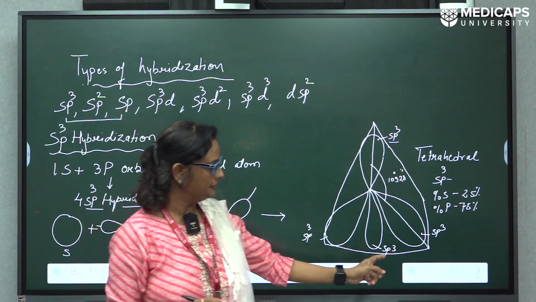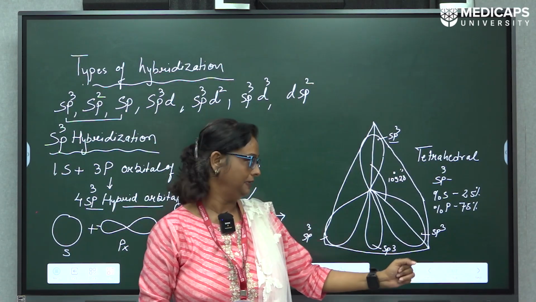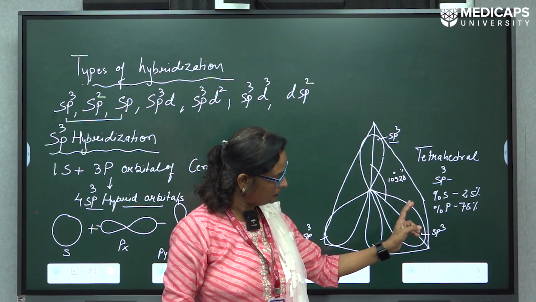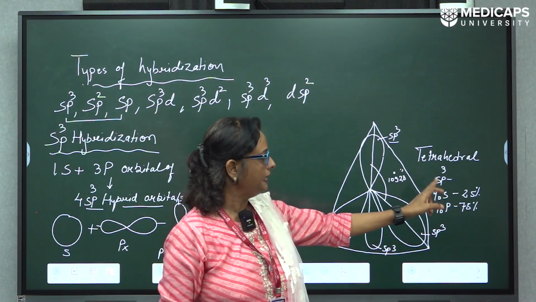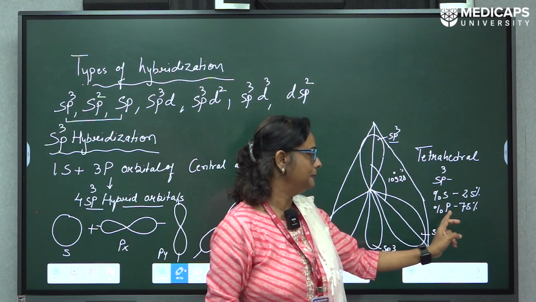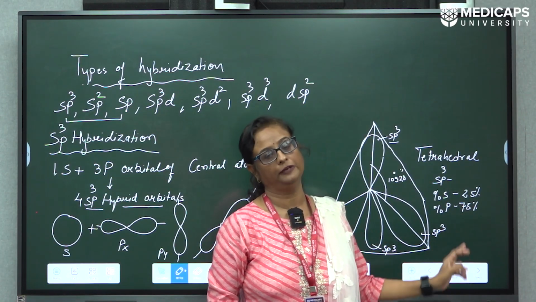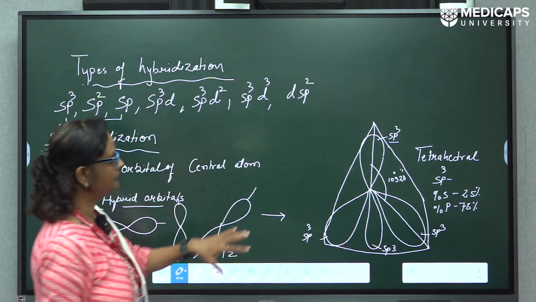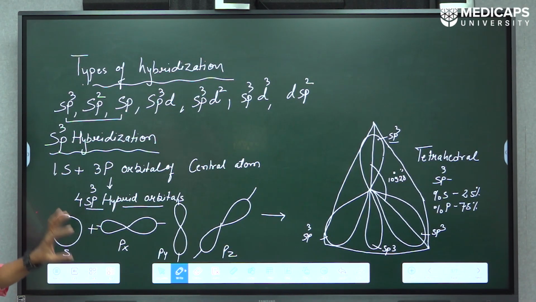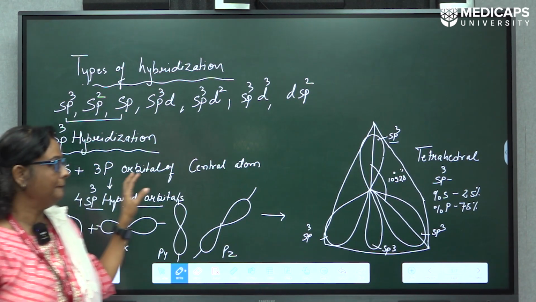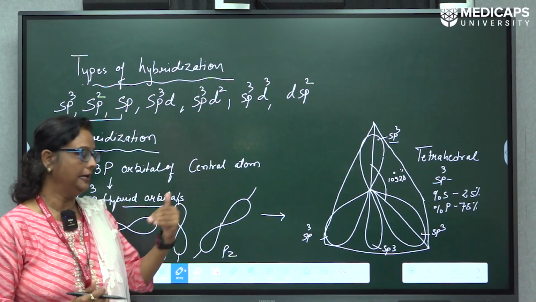So we have 4 hybrid orbitals, and in each orbital, the percentage of s is 25% and the percentage of p is 75%. So this is the geometry of sp3 hybridization.